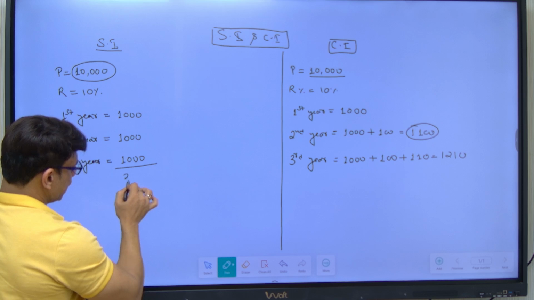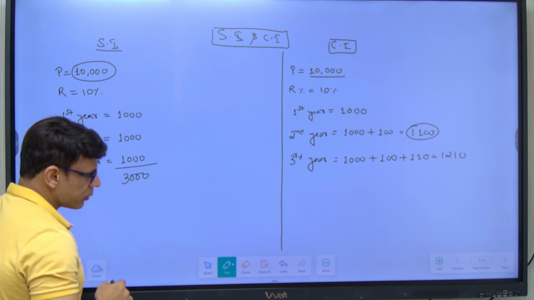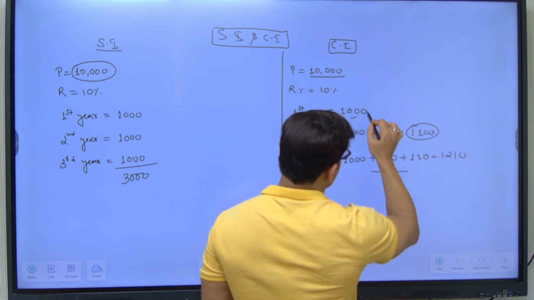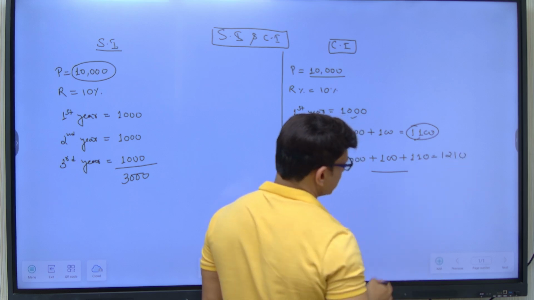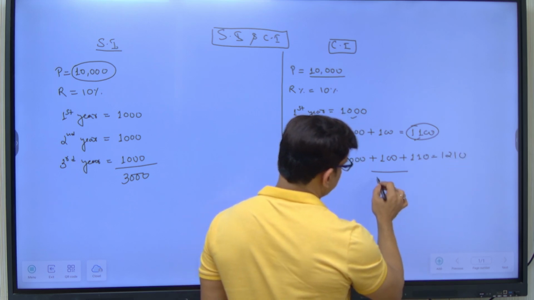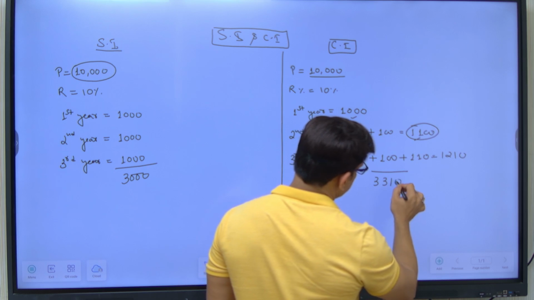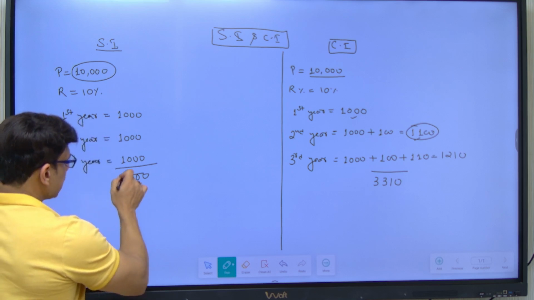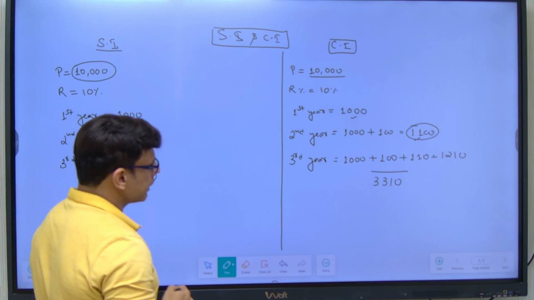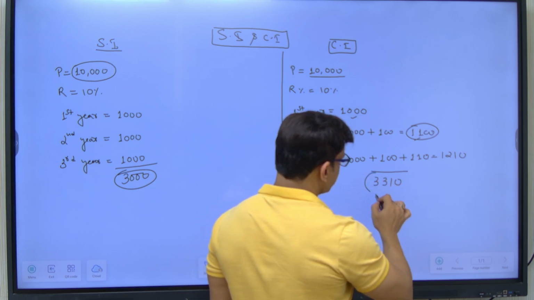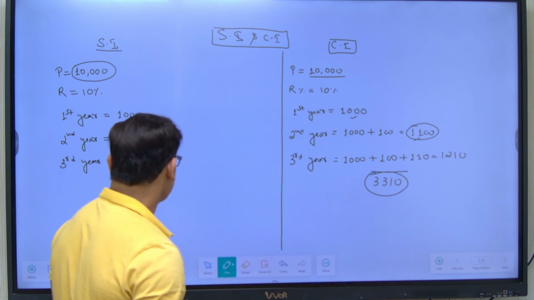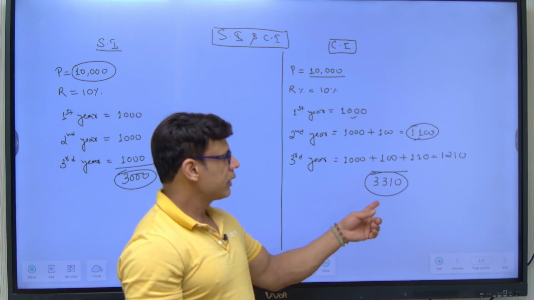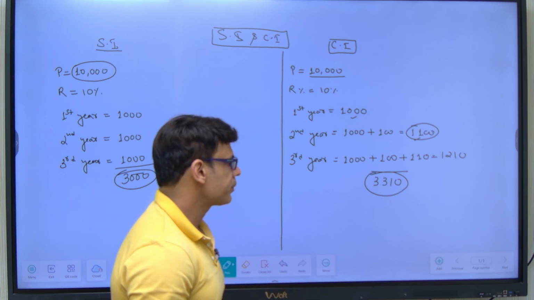So in 3 years, the simple interest total is 3,000 rupees. Here, total interest is 1,000 plus 1,100 plus 1,210, which is equal to 3,310. The difference between simple interest and compound interest is 310. That means in this case, you make 310 extra.